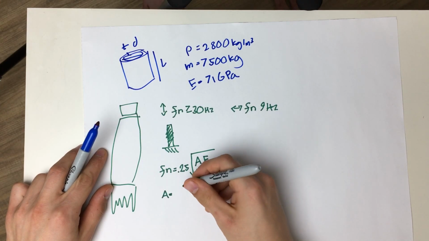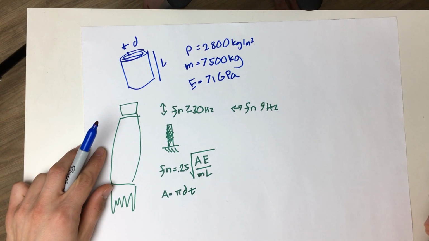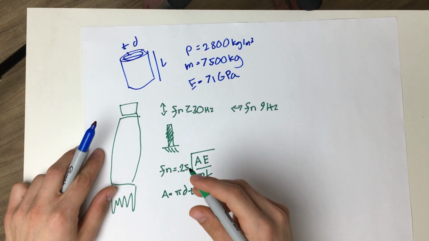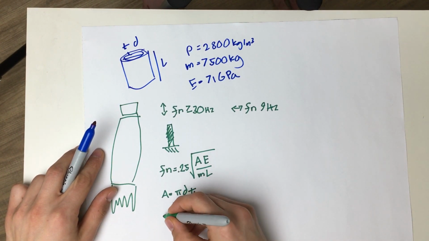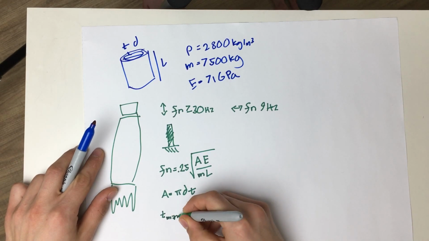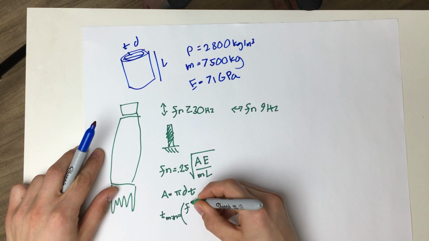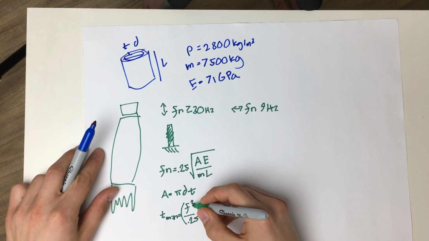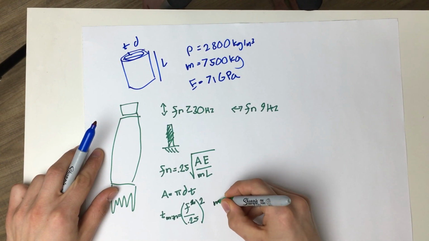That's going to be just a thin-walled approximation, and the other values we have. So by doing a little bit of rearranging, we can get the minimum thickness, based on the frequency we just had. It's going to be, yeah, sorry, that should be like that.